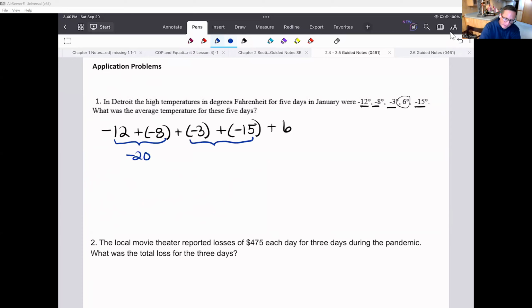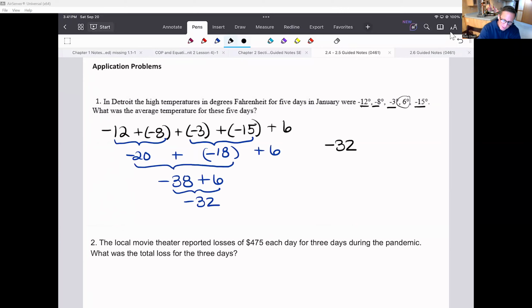Right here, that makes -18. And then plus 6. -20 plus -18 is -38. -38 plus 6 is -32.